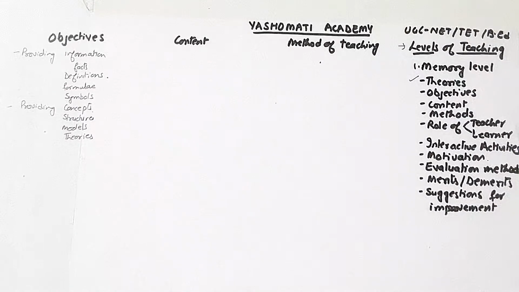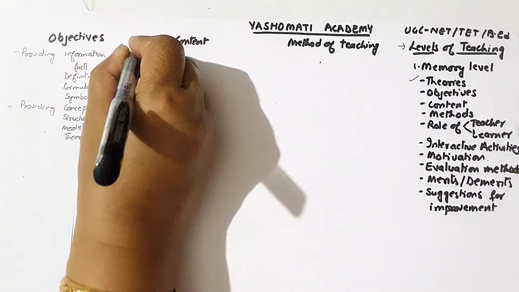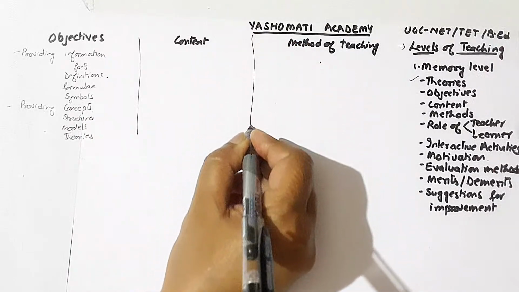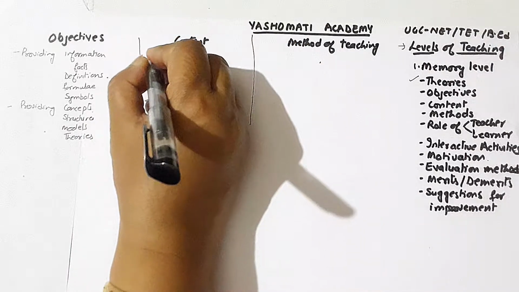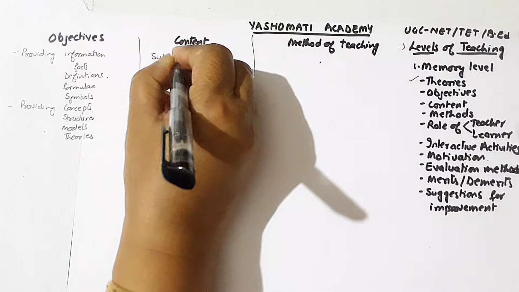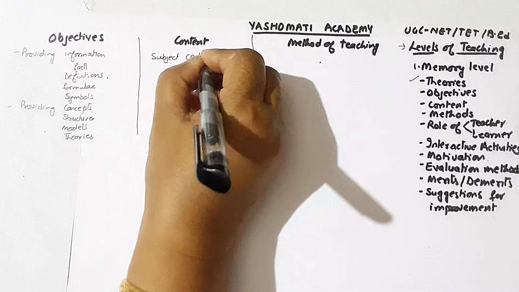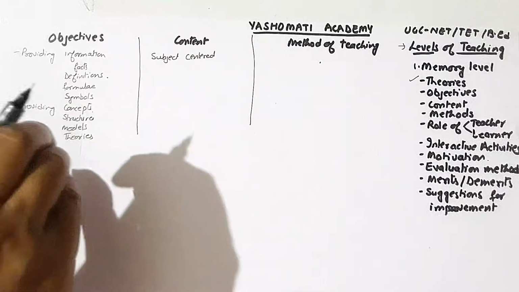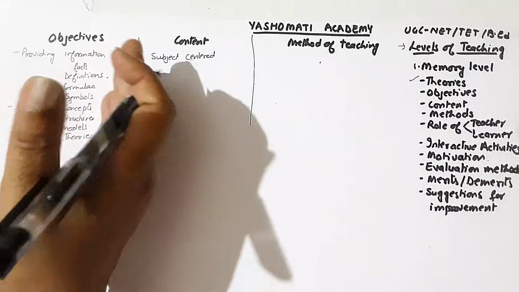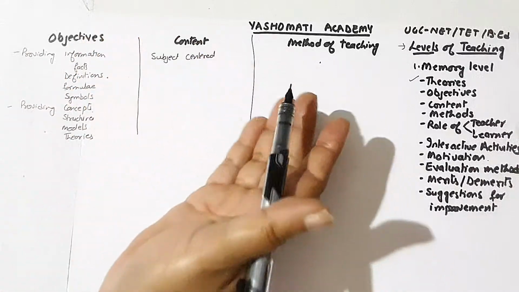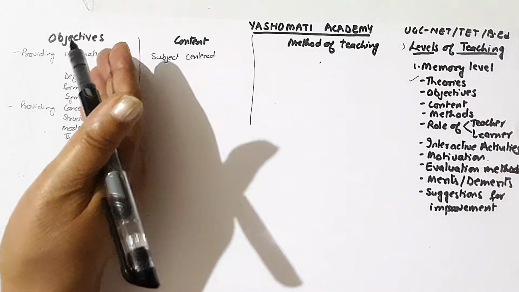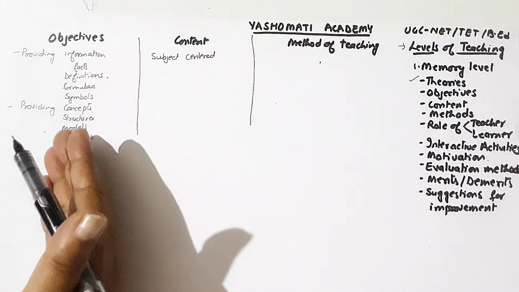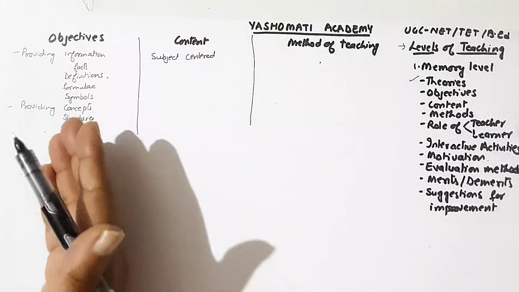As far as content is concerned, at memory level, content is purely teacher centered or purely subject centered, because there is rigid content that is to be taught. As we have already understood, at memory level we are teaching that content which is related to the past work. And that past work is to be memorized as it is.